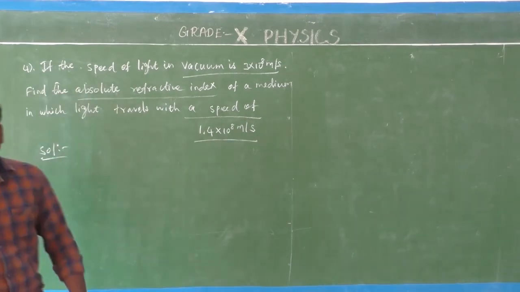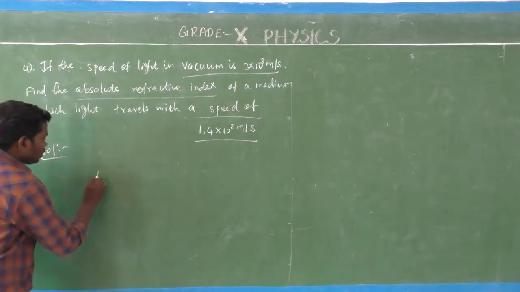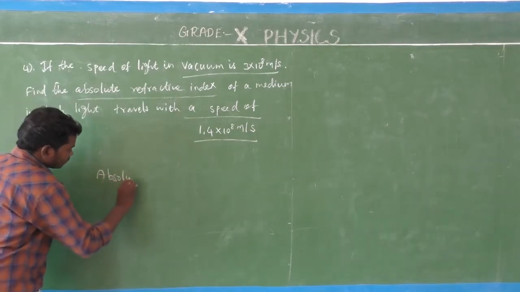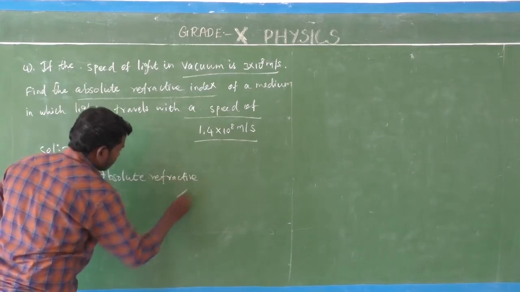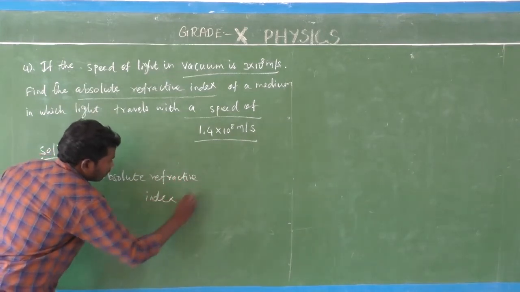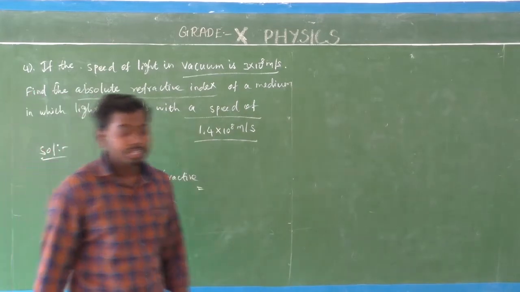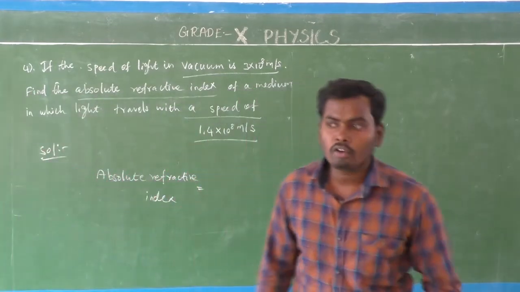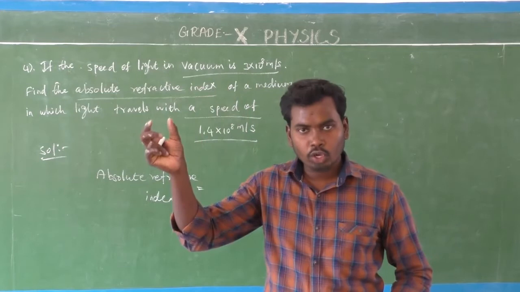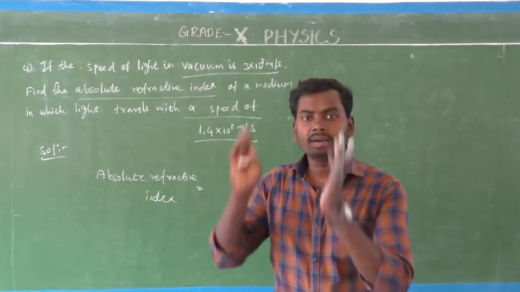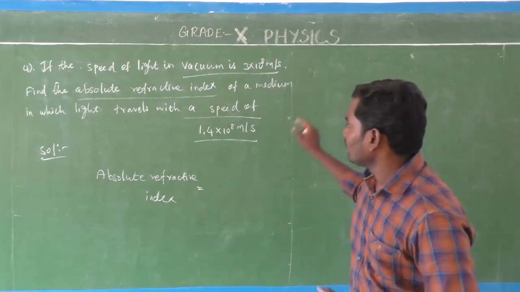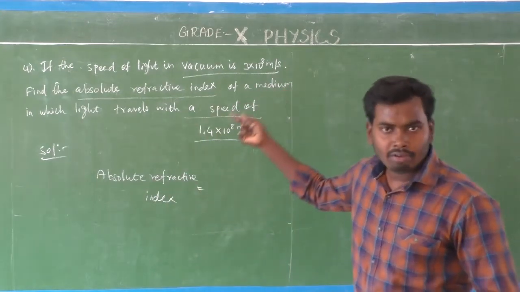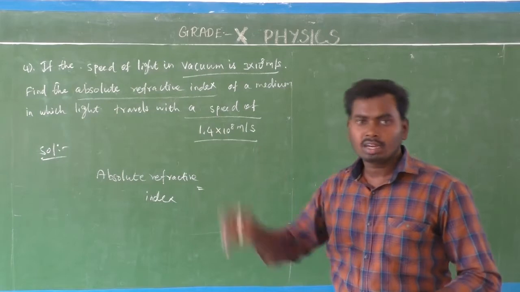What is absolute refractive index? Absolute refractive index is equal to the ratio of speed of light in vacuum to speed of light in that medium. What medium? Any particular medium. Here, the medium name is not given, so you just mention medium.